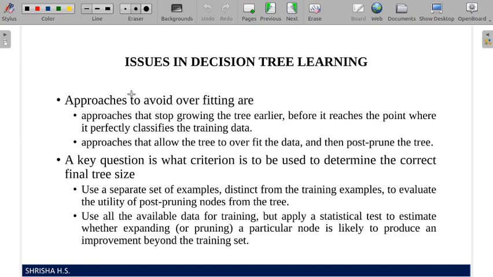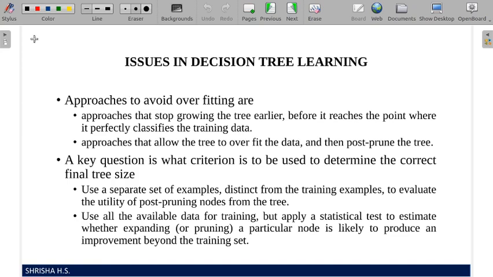So either don't allow the decision tree to grow beyond a threshold size, or allow it to grow completely and then start pruning the branches. The first action is taken earlier, in the second method action is taken later. We will explore both of them.